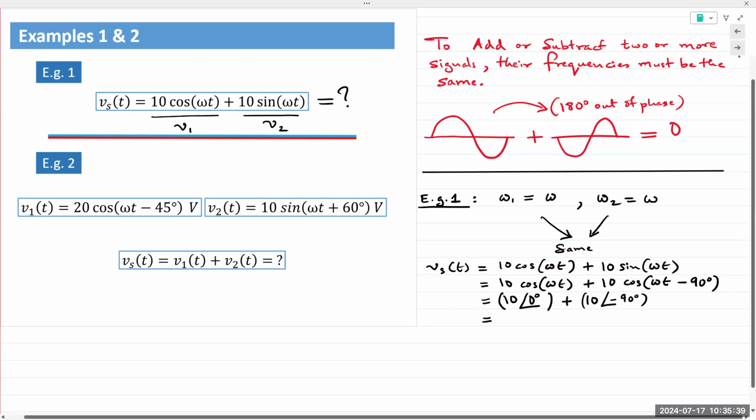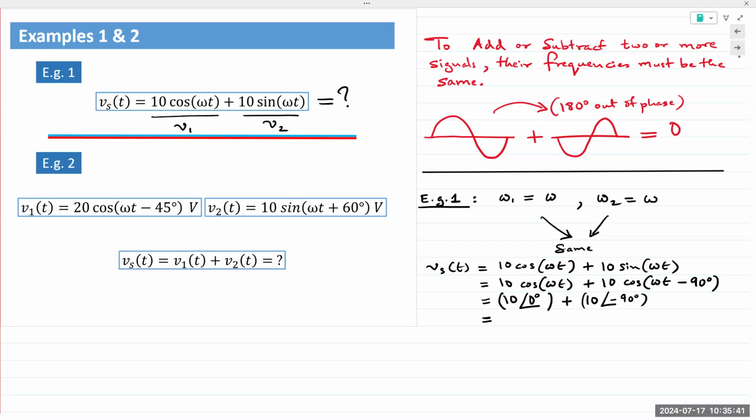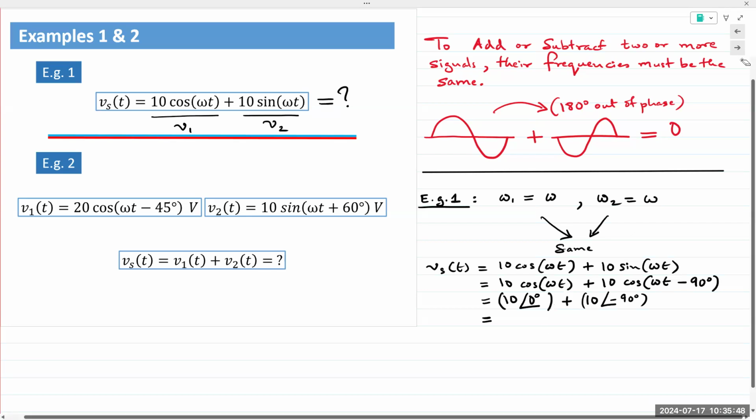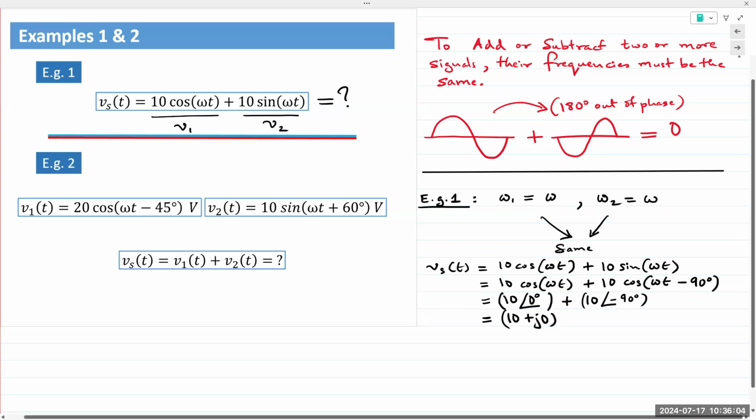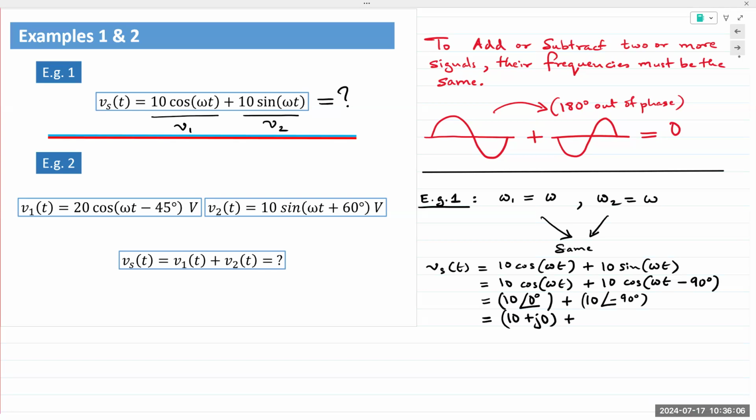For me, since I don't have a programmable calculator, I have to perform addition. So I want my complex numbers to be in rectangular coordinates. I'm going to convert 10 with an angle of 0 to its rectangular coordinate, and that would be 10 plus j0. If the angle for a vector is 0, it means it's lying flat on the real axis.